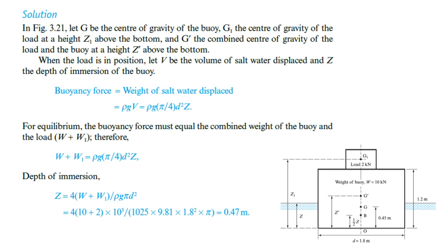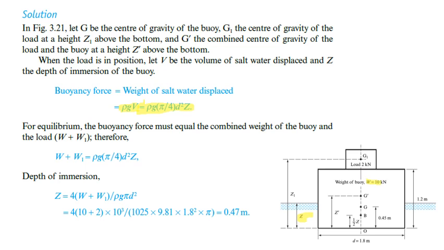So the first step is to calculate the buoyant force, which is equal to weight of liquid displaced, and we can get that using rho g V, where volume would be area of that cylinder, which is pi by 4 d square, into the draft, that is the submerged part of the object. This draft Z is because of the complete weight W plus W1.